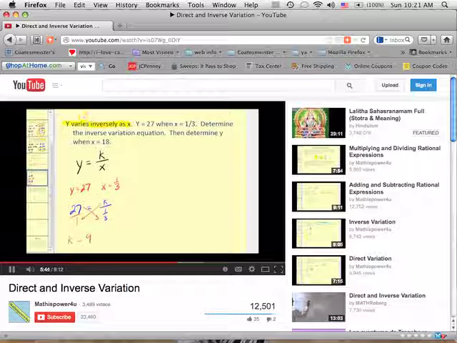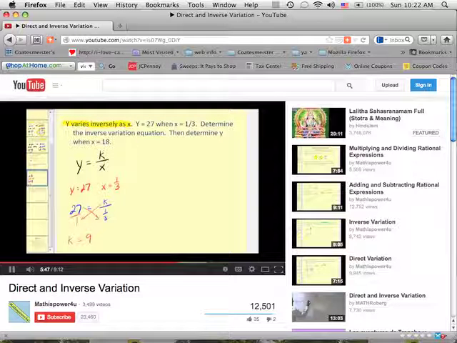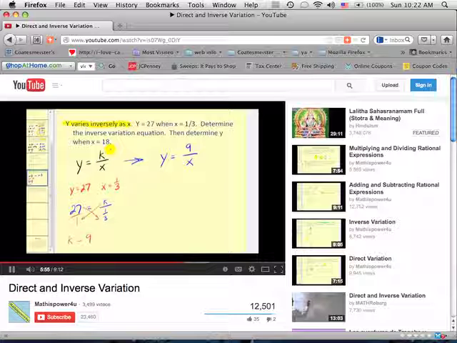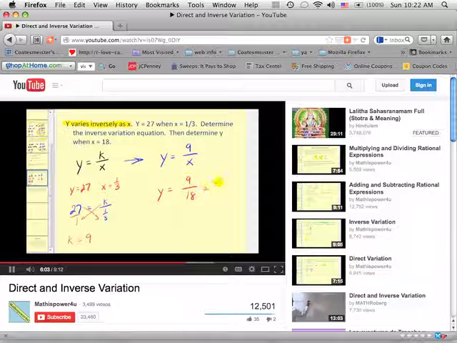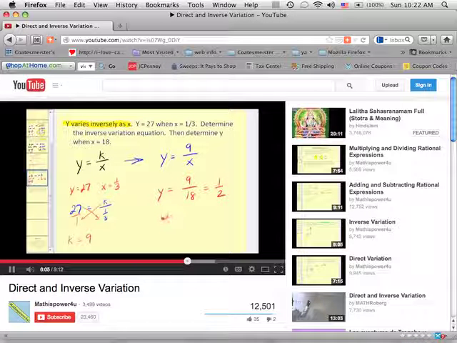So now we have our inverse variation equation, y equals 9 divided by x. So now we can determine y when x equals 18. Y equals 9 divided by 18. So that tells us y is equal to 1/2 when x equals 18.